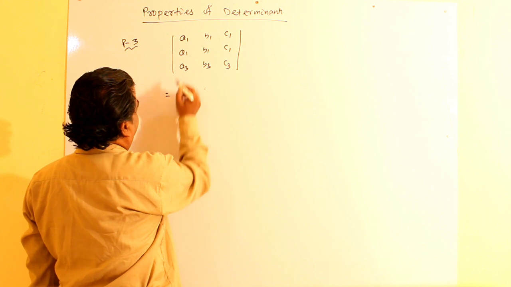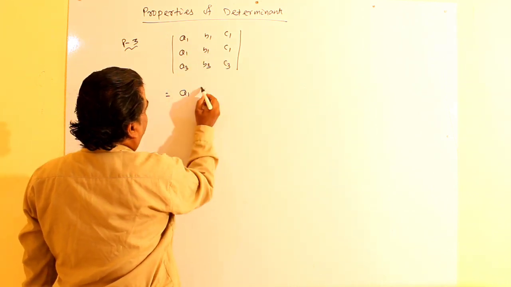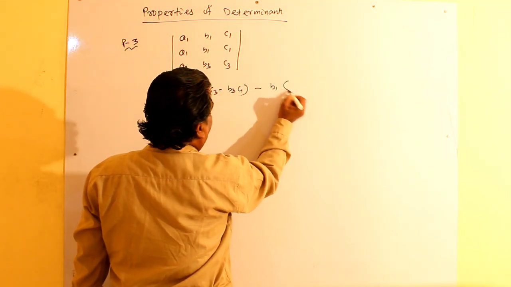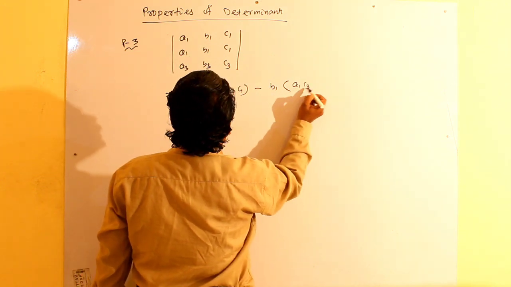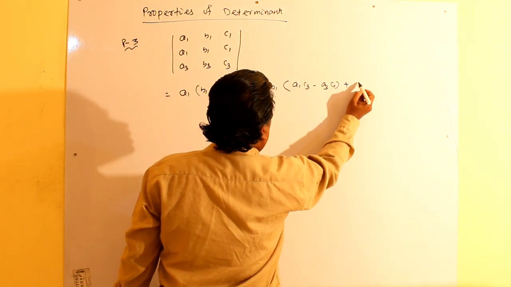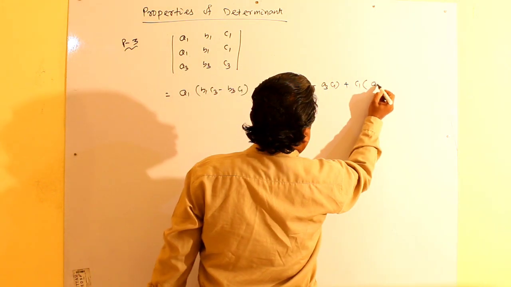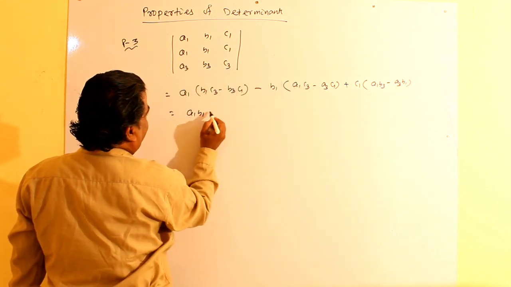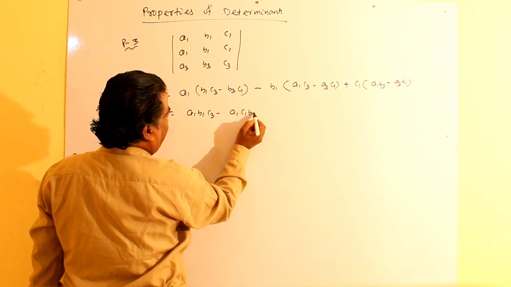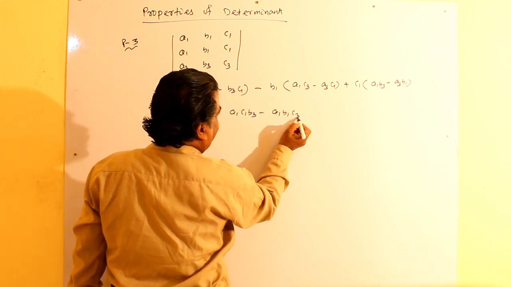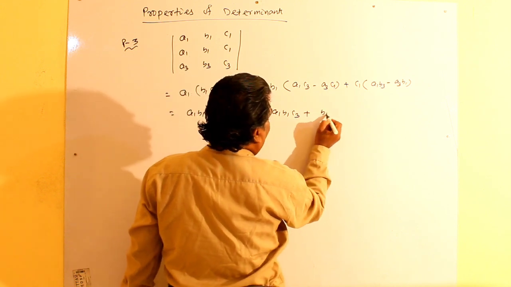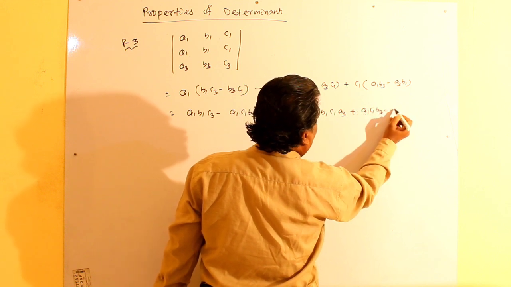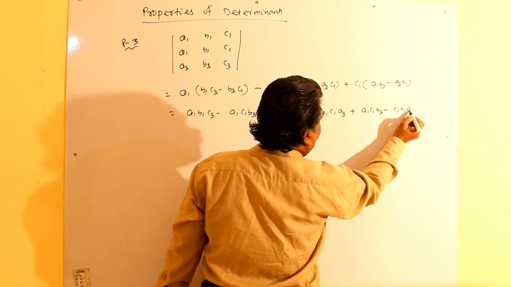If we expand the determinant, we have A1 into B1 C3 minus B3 C1, minus B1 into A1 C3 minus A3 C1, plus C1 into A1 B3 minus A3 B1, that is equal to A1 B1 C3 minus A1 C1 B3 minus A1 B1 C3 plus B1 C1 A3 plus A1 C1 B3 minus C1 B1 A3.